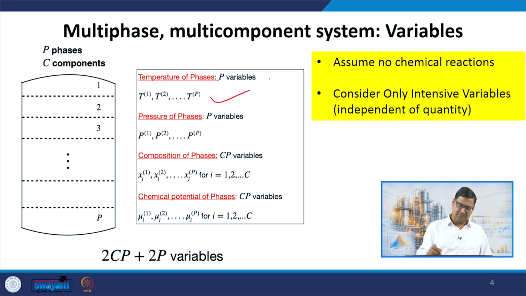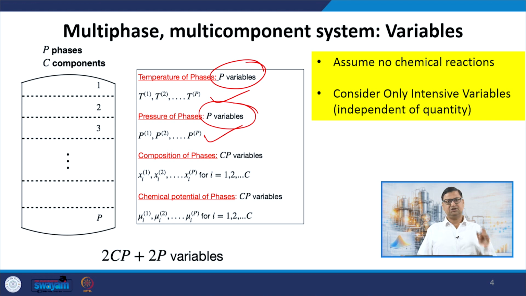So, we can define temperature of each of these phases, and therefore, we have p such temperature variables. We can define the pressure for each of these phases. So, therefore, we have p such pressure variables. We can define composition of each of these phases, assuming that each phase is consisting of all the components.